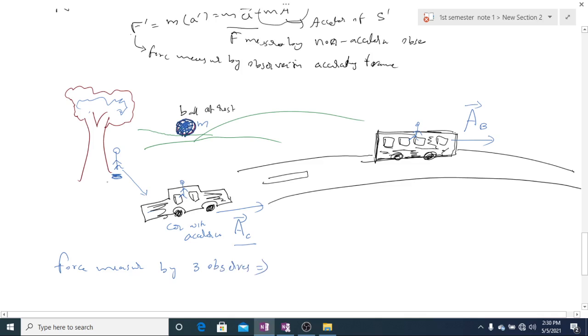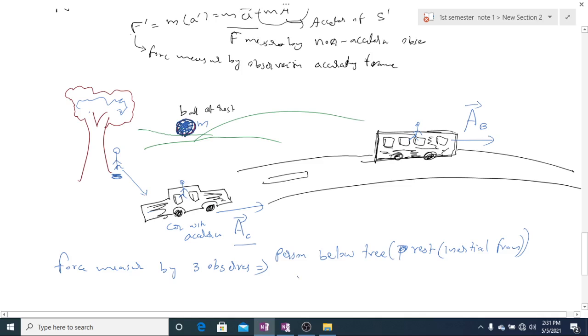What will be the case if the person below the tree is measuring the force on the ball? The person below the tree is not accelerating, he is at rest, so he is equivalent to an inertial frame.